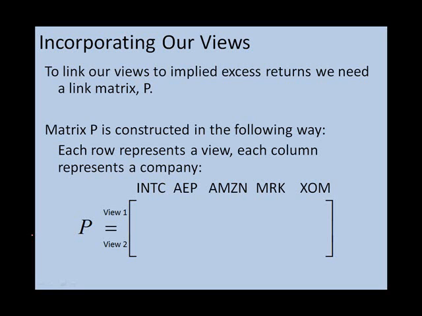Let's consider view 1, where we think that AEP is going to outperform ExxonMobil. What does our view say about Intel? Well, it says nothing. So we're going to enter a 0 for Intel. What does it say about Amazon and Merck? It also says nothing about those companies. Our view does, however, say that we're positive about AEP and negative about ExxonMobil.